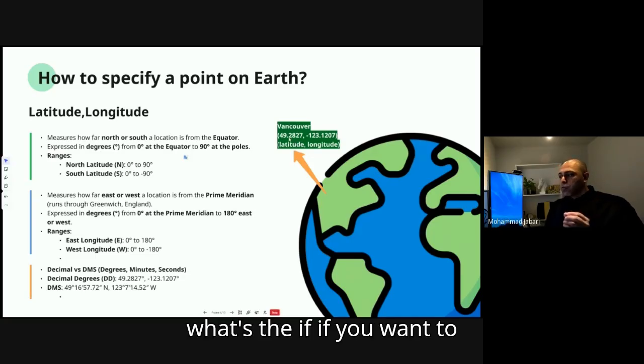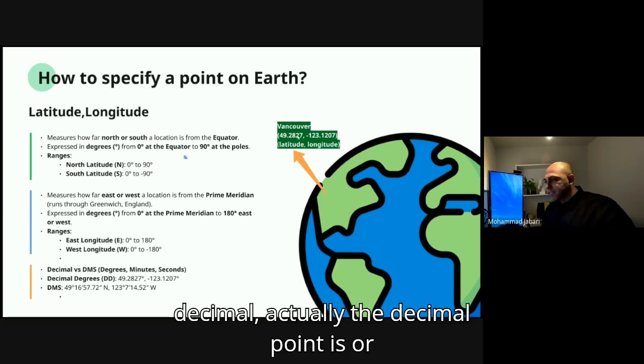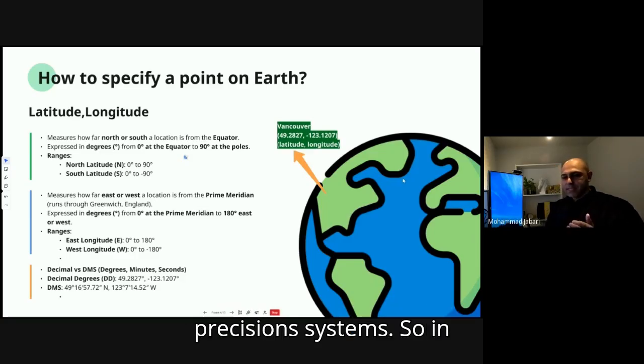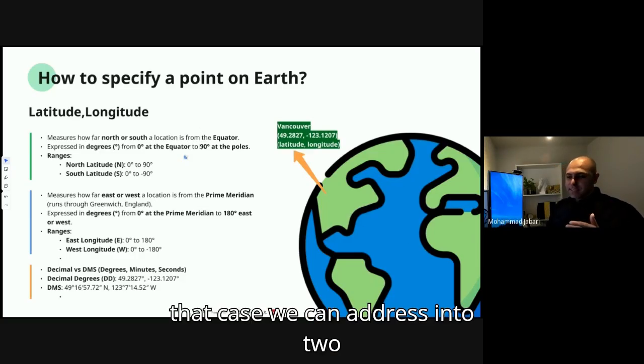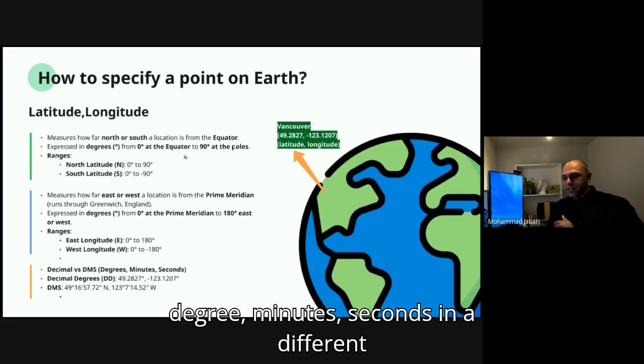If we want to dive into precision, the digits after the decimal point are our precision system. In that case, we can address two different systems, decimal or degrees, minutes, seconds.